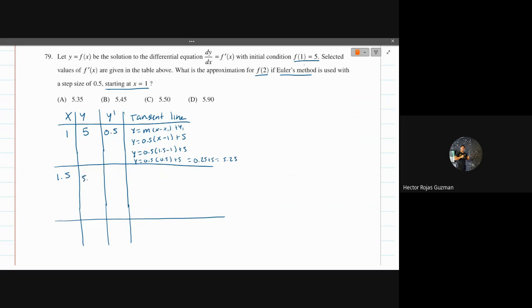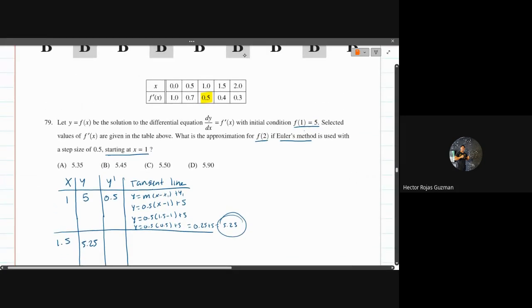I might have to make it into a fraction, maybe. We'll see. But anyways, now that I got my y value, I can go ahead and continue my table, right? Because now I have a whole new point. Now the slope at 1.5 is 0.4.